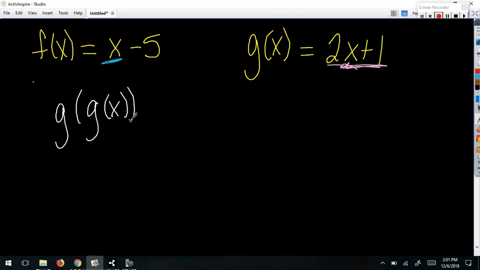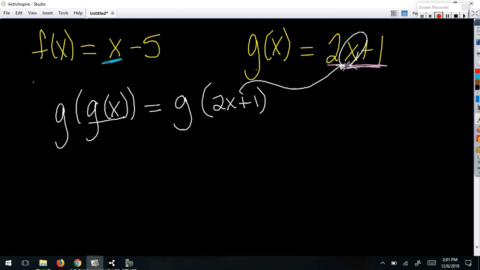So what's g of x? 2x plus 1. So I'm going to look at g. Here's g. Everywhere there's an x, I'm going to replace it with 2x plus 1. If you could physically take that x out and drop that 2x plus 1 in, you would see it going in there. 2, it's not x, it's 2x plus 1, plus 1.